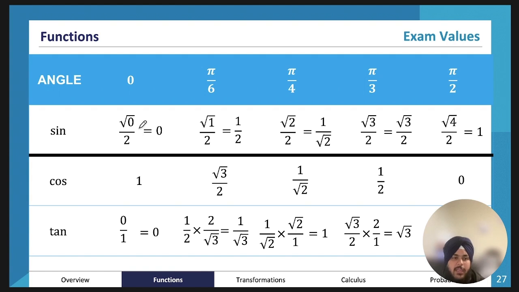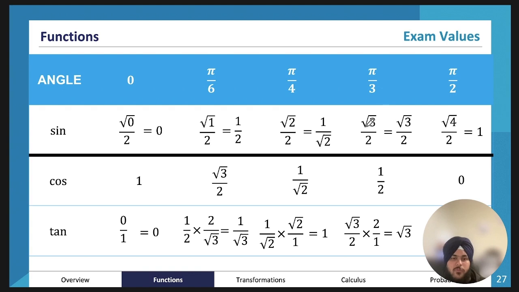And I've included it here. So essentially what you need to do is, when you're doing the table, just start off with sine. You don't need to do anything for cos and tan. Just leave the numerator blank, and write over 2 for each of them. So 0, pi on 6, pi on 4, pi on 3, pi on 2.